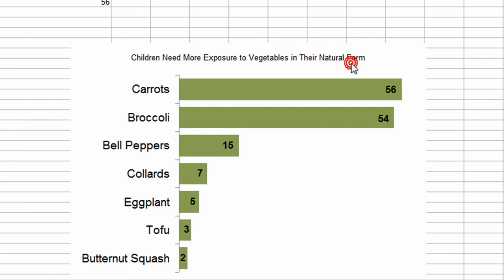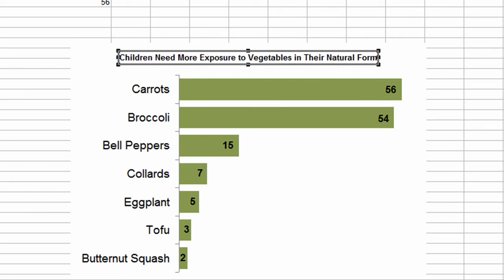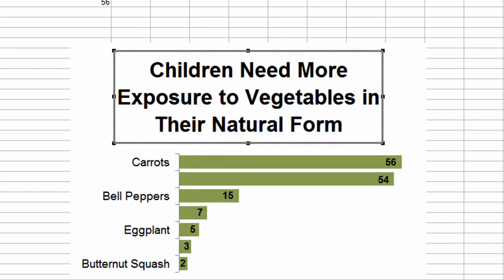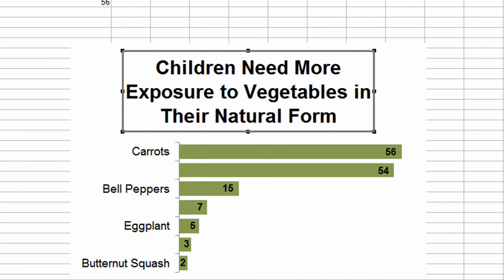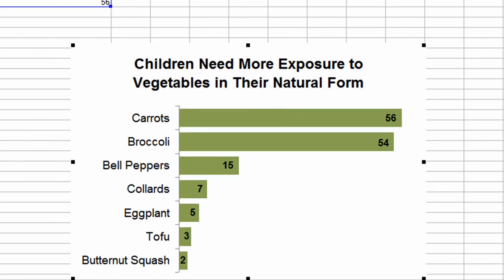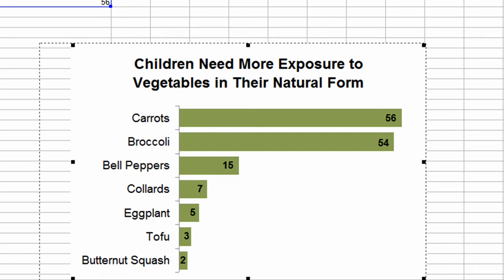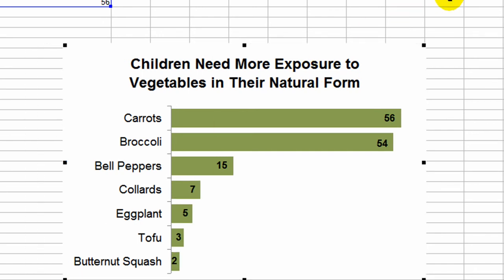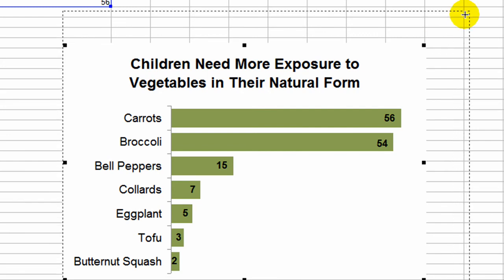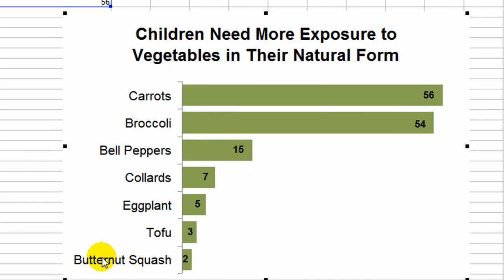Okay, children need exposure to more vegetables in their natural form. I'm going to make this bigger. Whoa, not that big. I'm going to make this whole thing bigger. You always want to drag from the corner so you don't distort the dimensions.